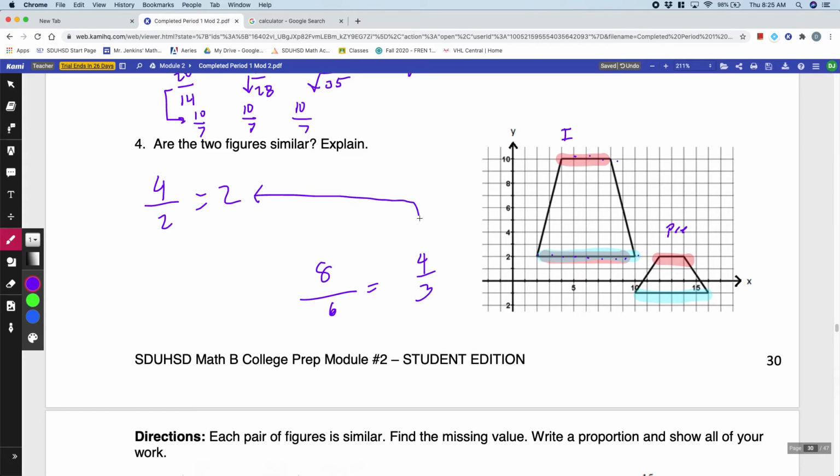Do those reduced ratios equal each other? We would say no, this is not similar because they do not have the same scale factor.